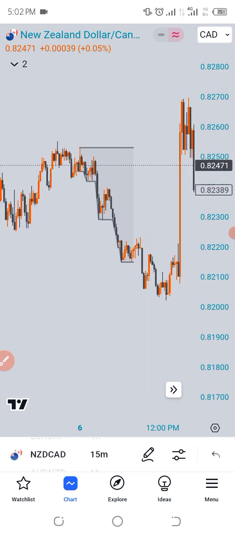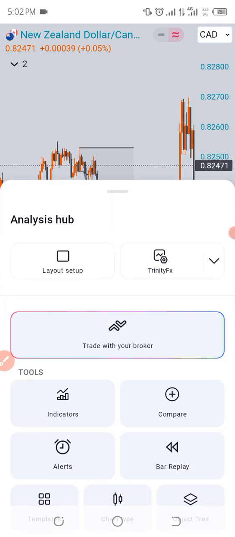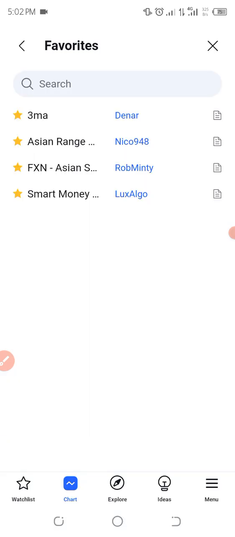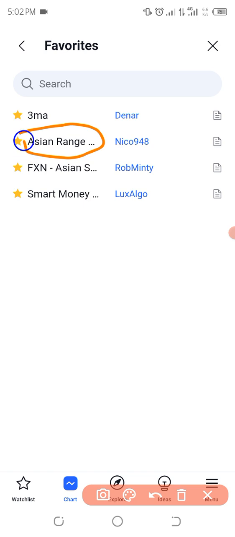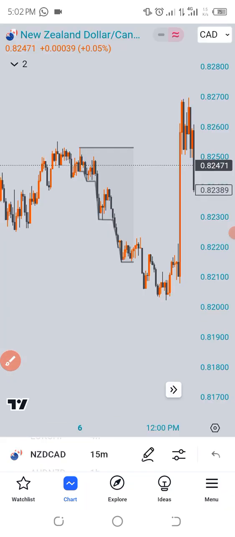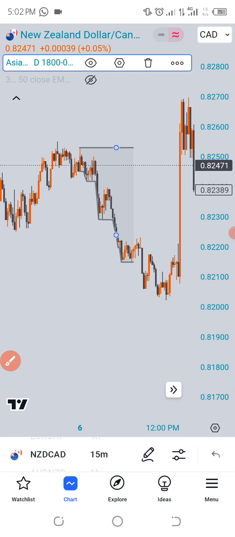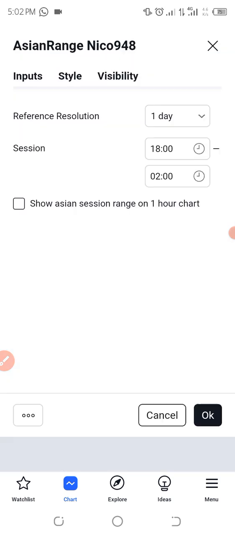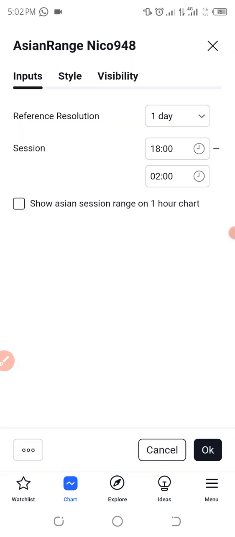So you just go to your indicators on TradingView and search for Asian range by Nico 948. Once you apply it to your chart, I'm going to show you my settings. This is my settings, because once you apply it, by default your settings will be different.